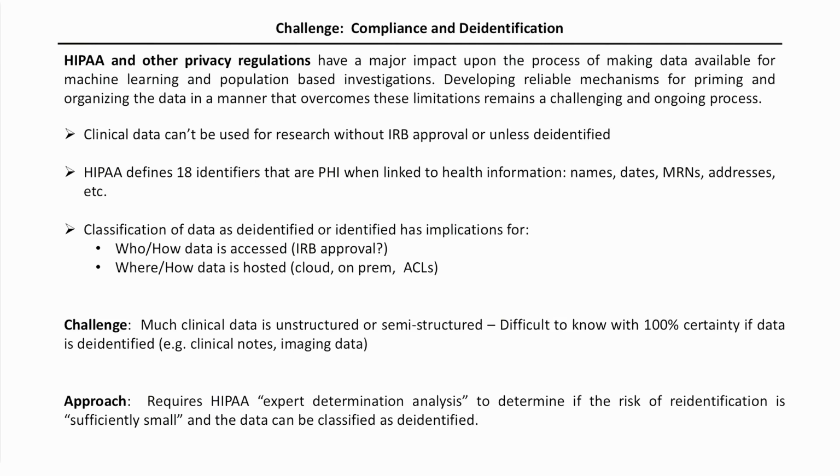PHI, specific identifiers like dates, MRNs, addresses, I think everybody's familiar with these, need to be removed from the health information for it to be considered de-identified. And it's really important for us to get this classification right because it impacts who can access the data, how it's accessed. For example, do you need an IRB approval to gain access to the data? And then also architectural decisions like where and how the data is hosted and what kind of security controls we have on that data.